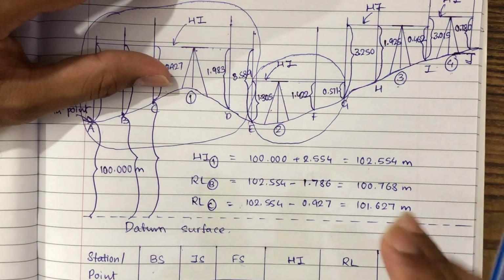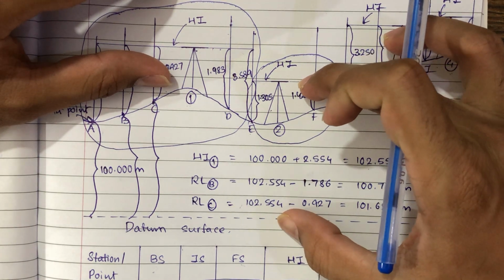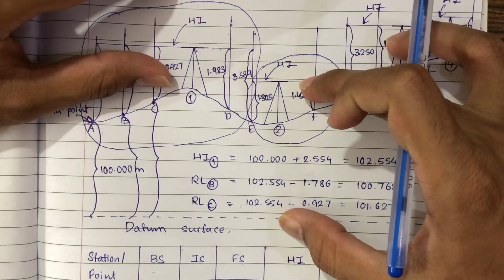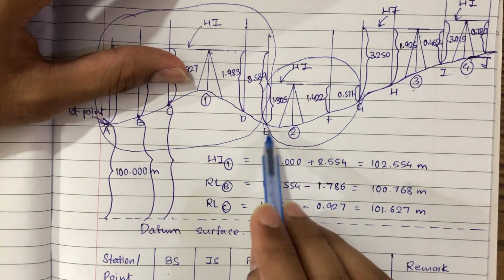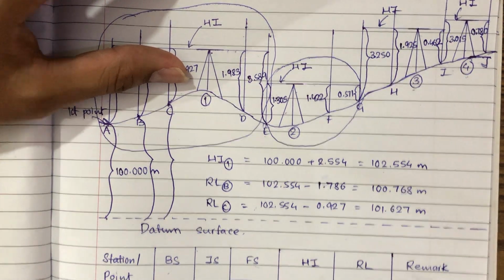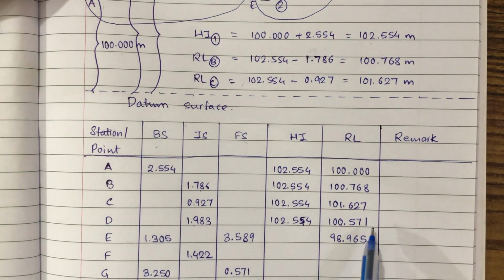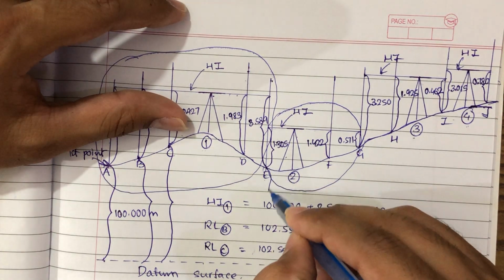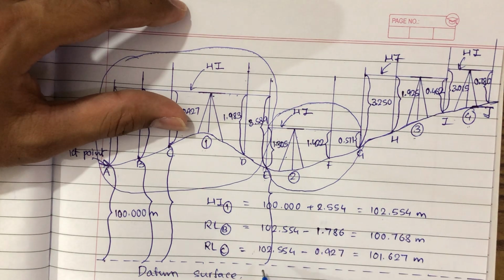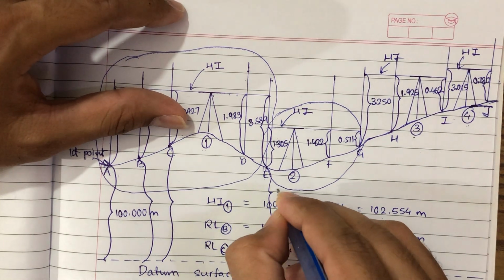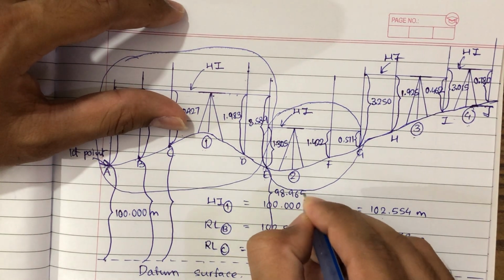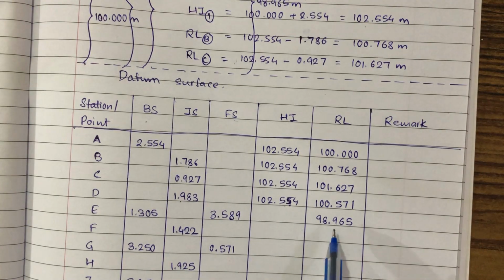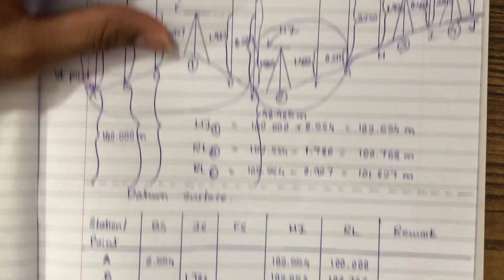So now if we need to find the new height of instrument, what will we have to do? We will have to see this RL at this point E is given to you. RL at E is given as 98.965, means this RL from the datum surface is 98.965 meter.